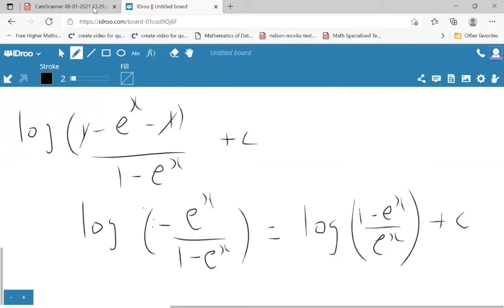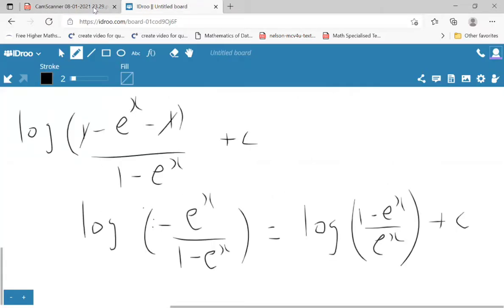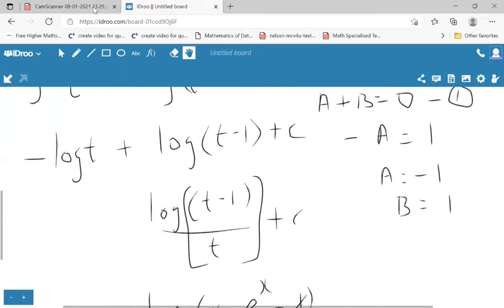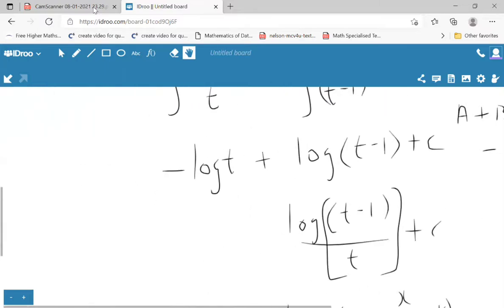Let's see which option is correct. Basically, we have both of them in the negative symbol. Here, what I can do is substitute here itself and then simplify. That will make things easier. Actually, minus log t plus log of t minus 1 plus c.